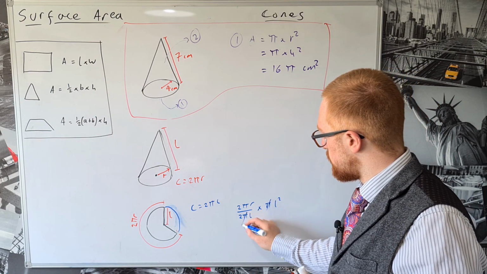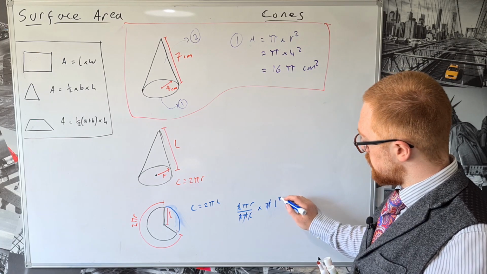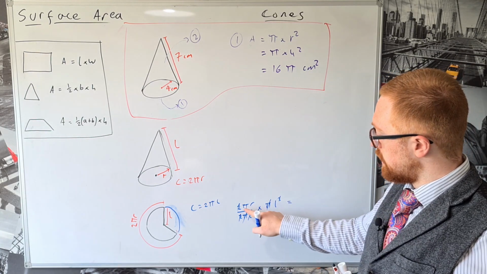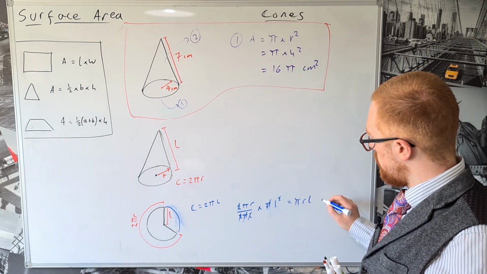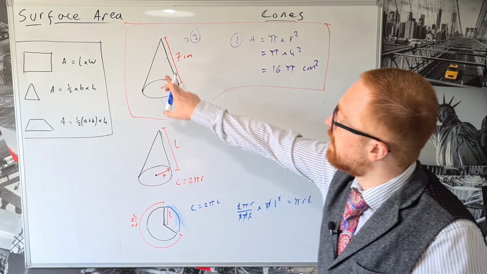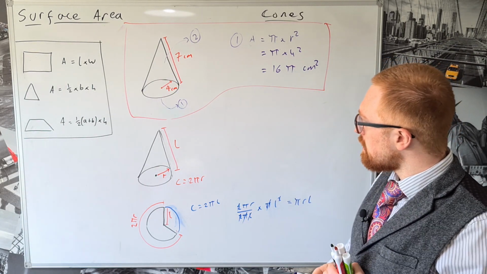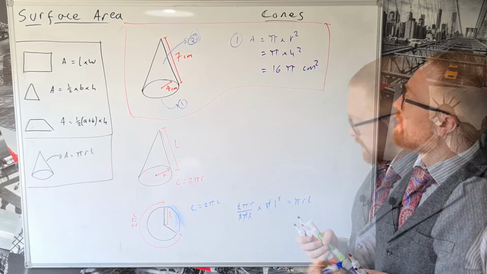This pi cancels with this pi, this 2 cancels with this 2, this L cancels with one of these 2 L's up here, and what we are left with is pi times r times L. And that is the area of the curved surface of a cone. So in a second we'll have a look at how we apply that to this.